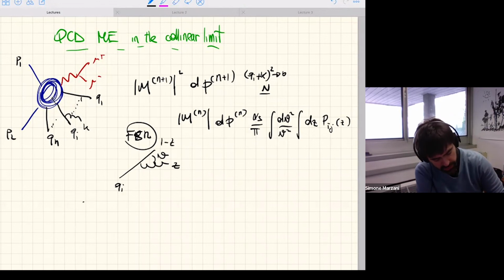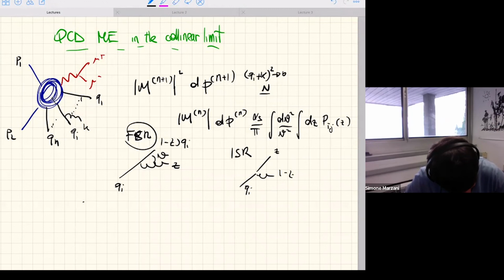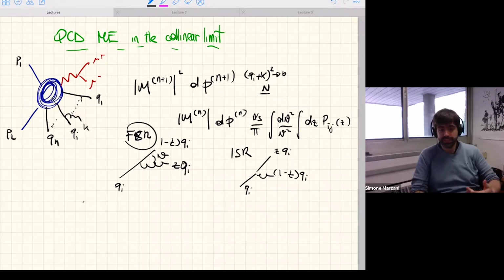If instead you're doing initial state radiation, so let's say the gluon is emitted from one of the incoming legs, and so the propagator that goes to 0 is space-like, then one usually calls this Qi 1 minus z. Just to add confusion: in the literature on DGLAP evolution, for initial state evolution, the limit in which the emitted gluon is soft is z goes to 1.